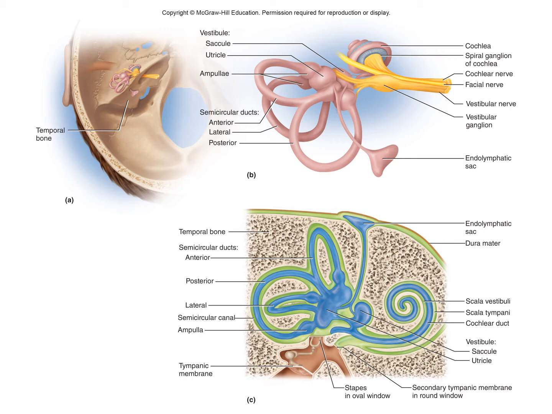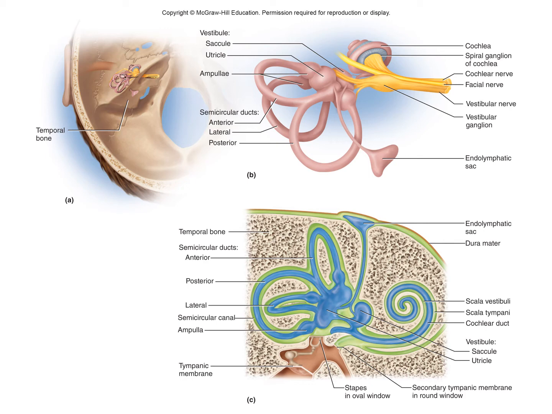All right, so let's take a look at the temporal bone with how all of these components fit in. So essentially what this is showing is the utricle and saccule are in this general region, semicircular canals, which are part of this system for equilibrium, and then the cochlea is somewhat more anterior. So nerves from those two structures are going to join together to form that vestibulocochlear nerve, or cranial nerve number 8.